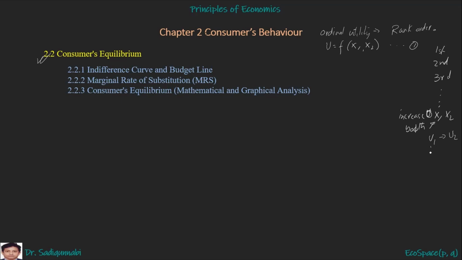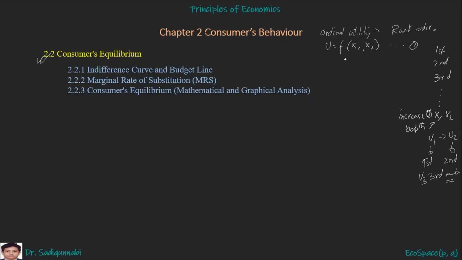Okay, so if this is first utility, first order, this could be second in rank, first rank, second rank. So again, we increase both x1 and x2. So u3 may be third rank. So in that way we can find the rank order.